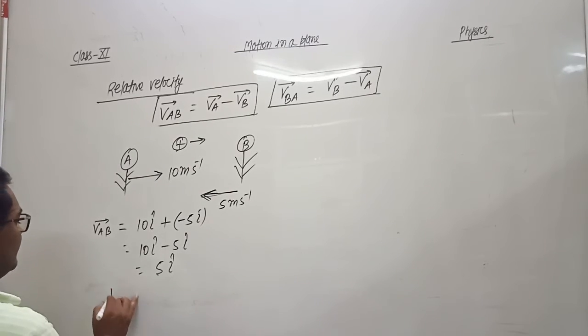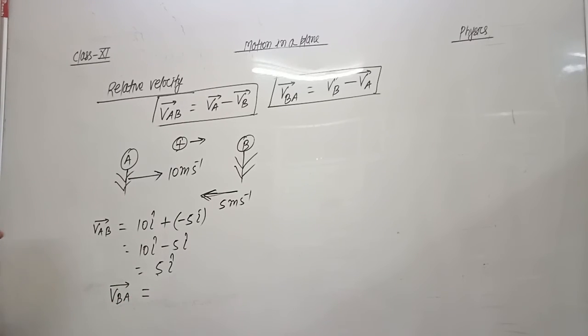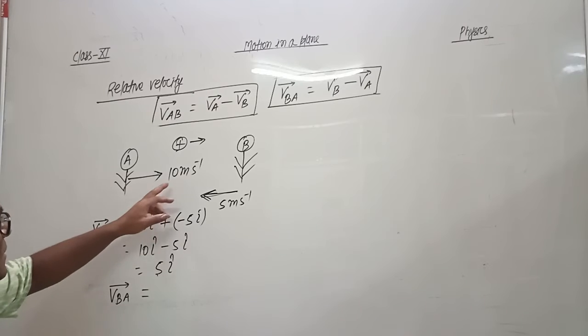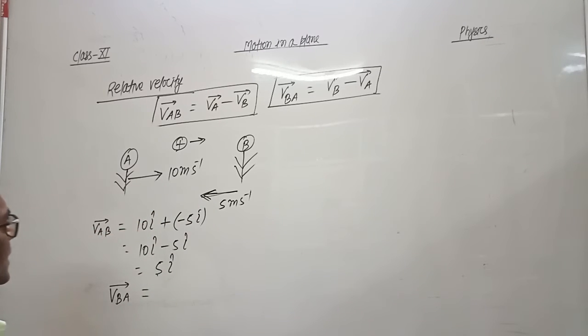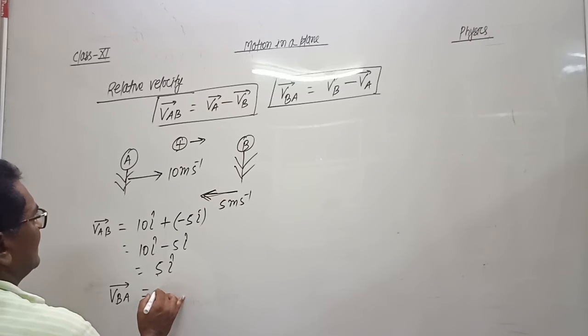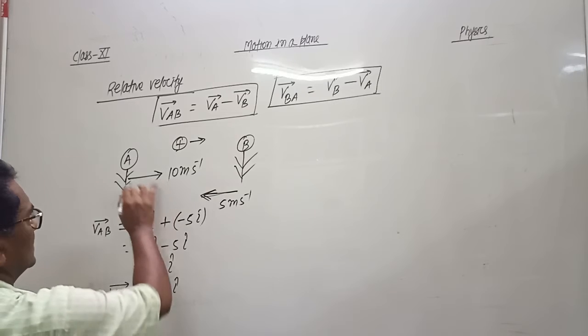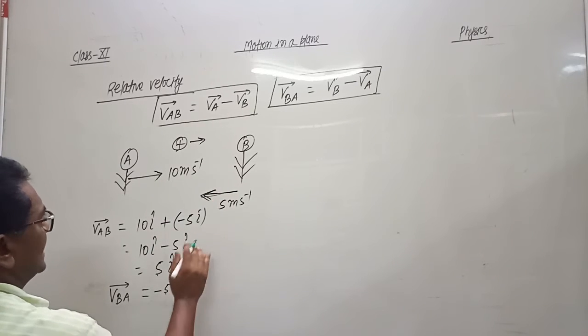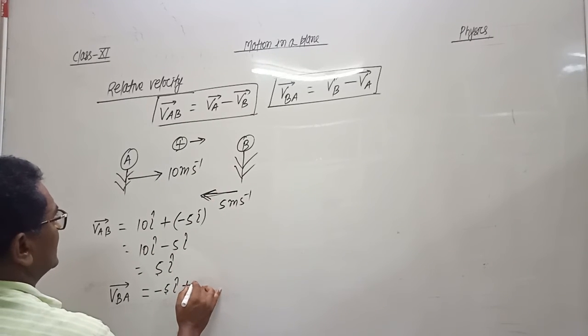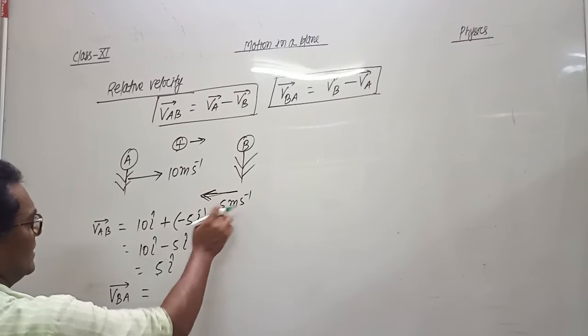And the relative velocity of B with respect to A: VB has the opposite direction, so VB is minus 5 i cap, and this is VB minus VA, where VA is plus 10 i cap, the direction taken as positive.